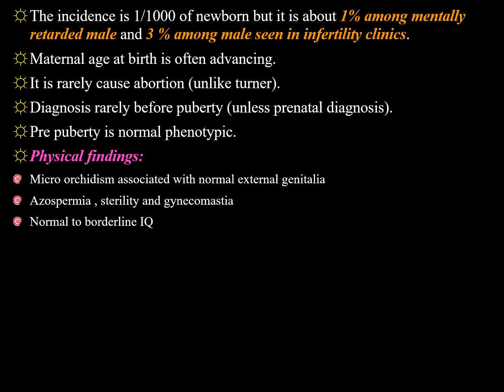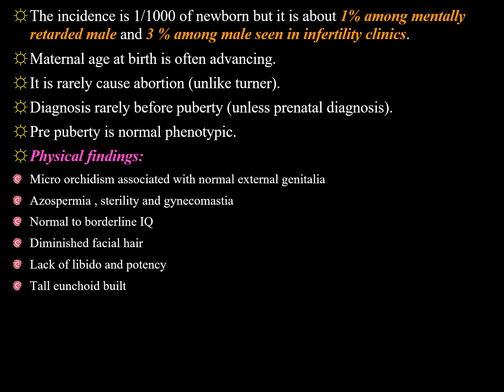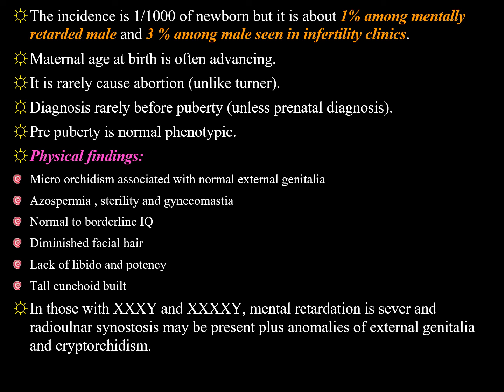In fact, most of those we have seen have low IQ. Diminished facial hair, lack of libido and potency. They are tall, with eunuchoid habitus. They also have radioulnar synostosis, an abnormality of the bones of the radius and ulna. With XXY, an extra X means 3 sex chromosomes, and mental retardation becomes more severe the more extra X chromosomes are present. Radioulnar synostosis may be present, plus abnormality of the external genitalia and cryptorchidism.